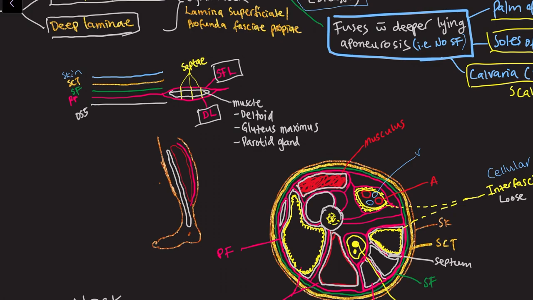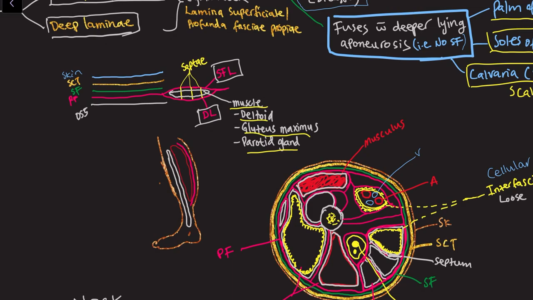Now, in certain places, like where the proper fascia divides, it normally covers muscles like the deltoid, the gluteus maximus, and the parotid gland, but it also covers neurovascular bundles, right? The lamina also cover neurovascular bundles.